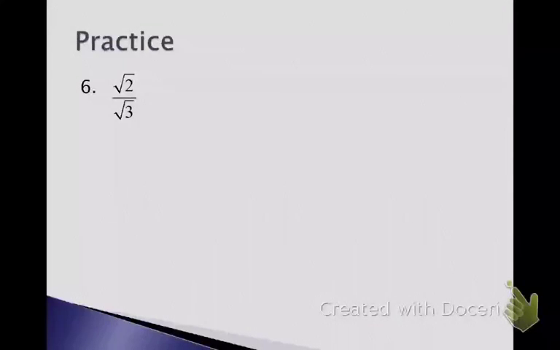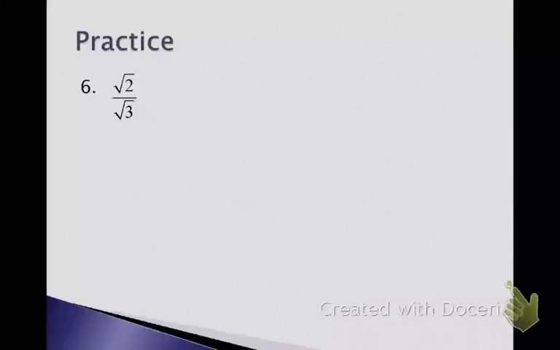Okay? Now, look at number 6. First of all, what's the problem? Is this simplified? The answer is no, it's not simplified. Why not? Because you have a radical in the denominator. How do we get it out of there?